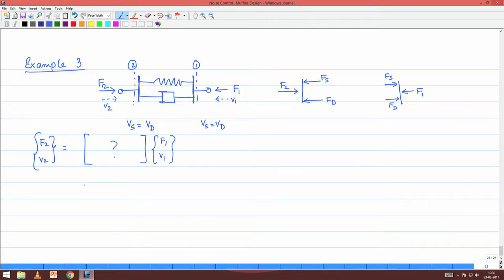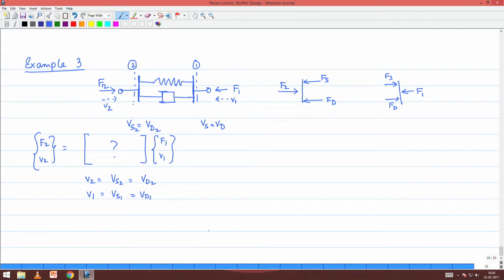What we have realized thus far is V2 is equal to Vs2 is equal to Vd2, which is the velocity of the spring at station 2 and the velocity of the damper at station 2. The 2 points have identical motion. Similarly, V1 is Vs1 is equal to Vd1, right.